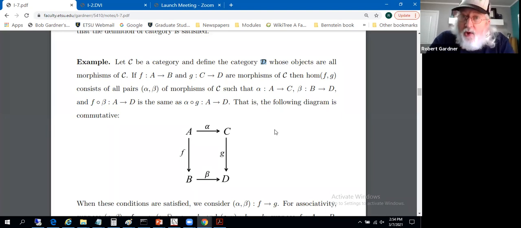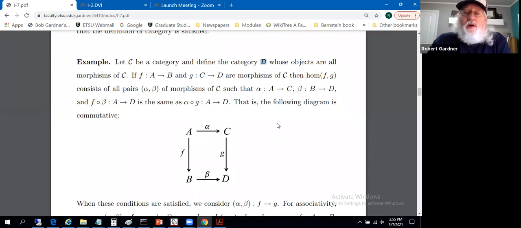In other words, here's what's happening. We started with a bunch of objects in C, so A, B, C, and D. In C, we would have a morphism that would map this object to that object, maps A to B. We'd have a morphism that maps this object to that object. We'd also have the alpha and beta morphisms.